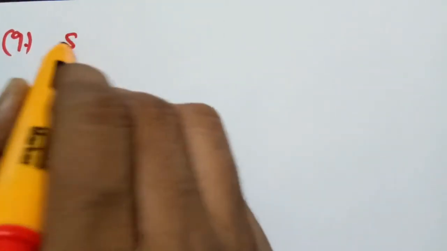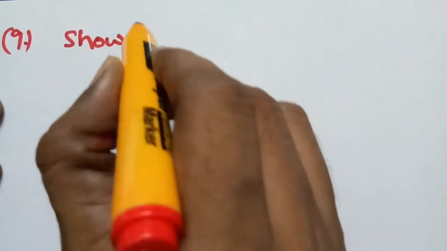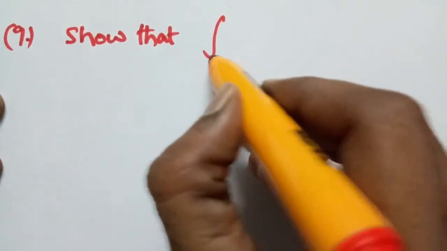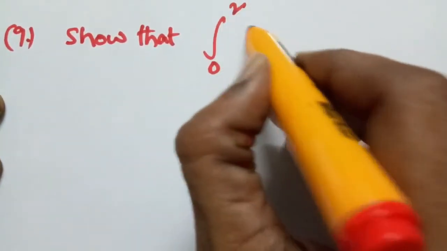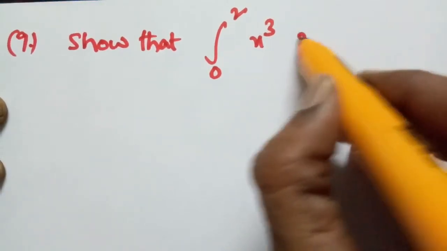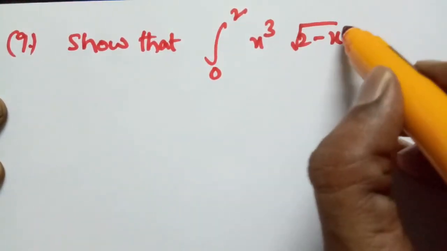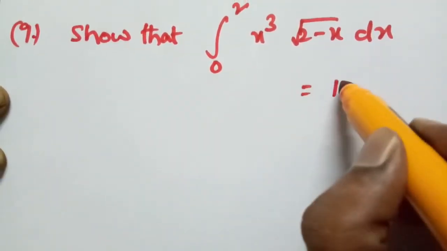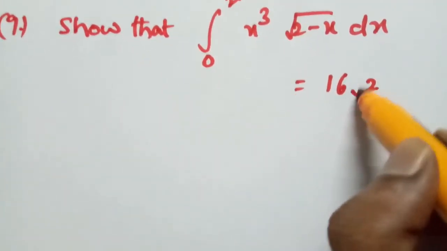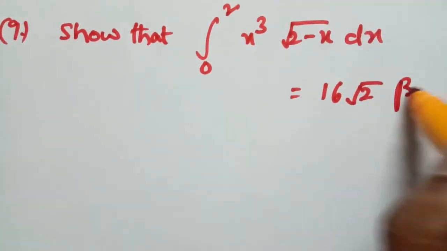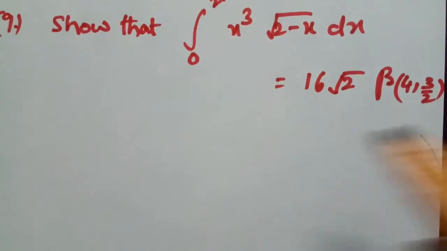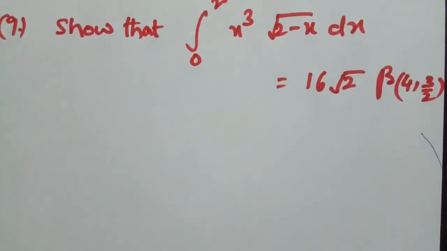Problem number 9. Show that integral 0 to 2 x cube into square root of 2 minus x into dx is equal to 16 root 2 into beta 4 comma 3 by 2.